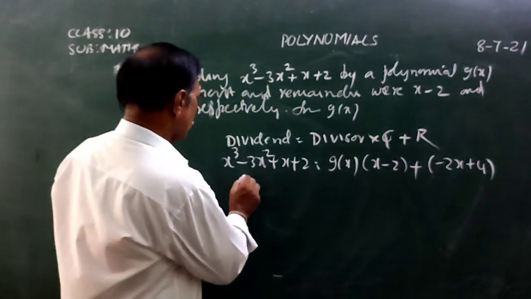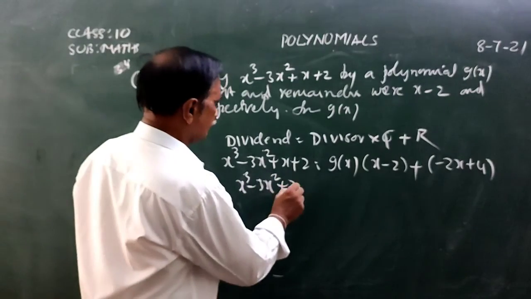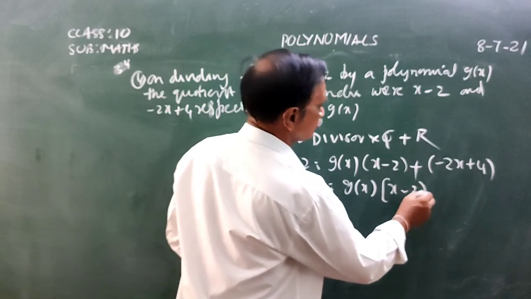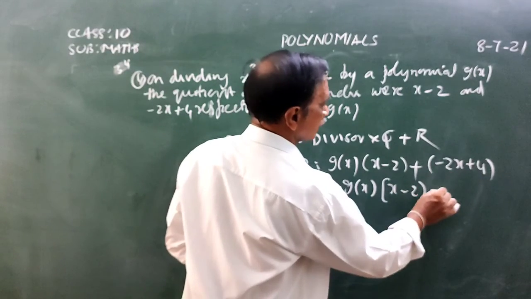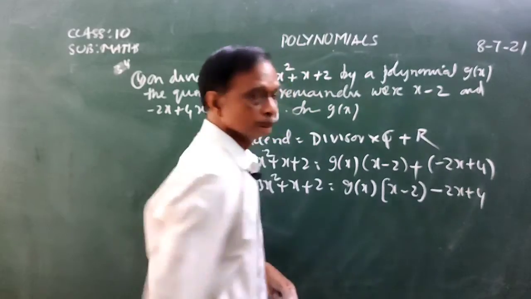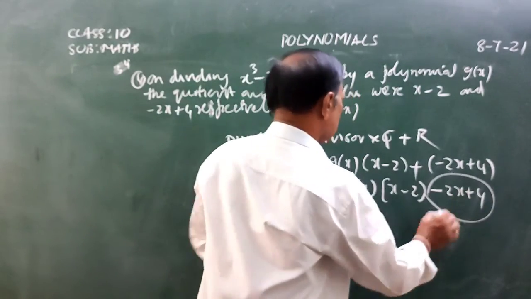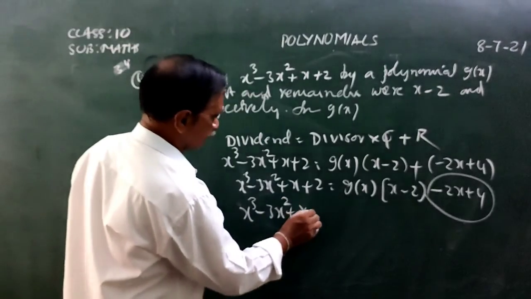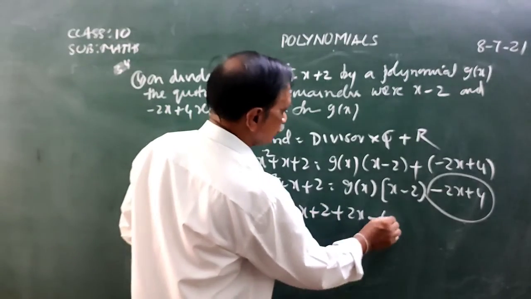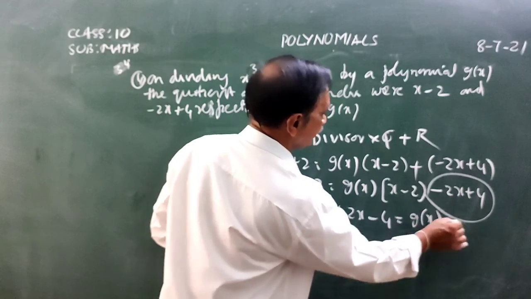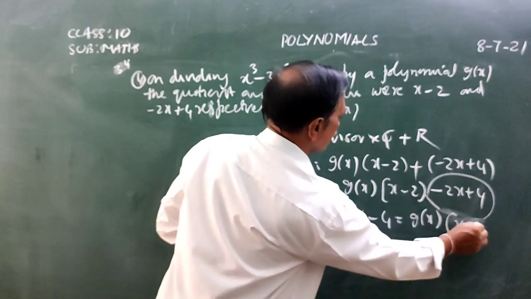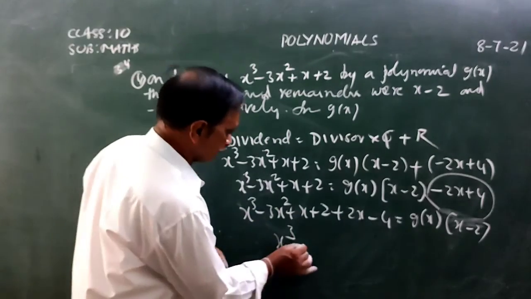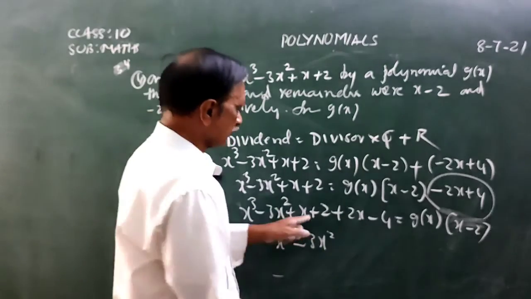See, x³ − 3x² + x + 2 equal to g(x) into (x − 2) plus (−2x + 4). Transpose this to the left hand side. x³ − 3x² + x + 2 + 2x − 4 equal to g(x) into (x − 2). Simplify this. x³ − 3x² plus x plus 2x gives what?